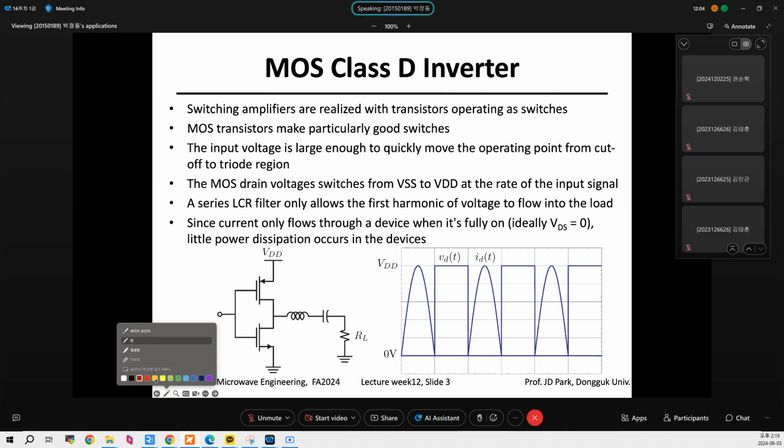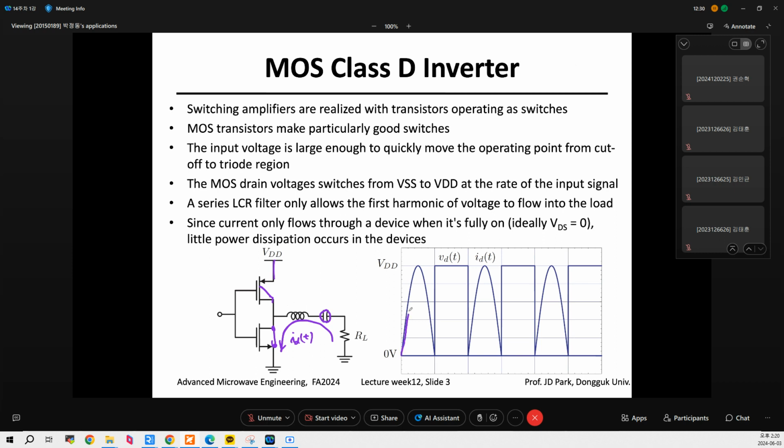So when this is on, and this is off, right? Then the stored charge over here will be discharged through here. So this is ID. That means, definitely because of this resonance circuit, its shape must be looking like sinusoidal, right? Sinusoidal.